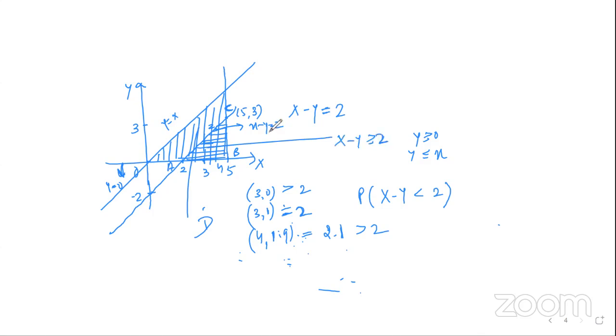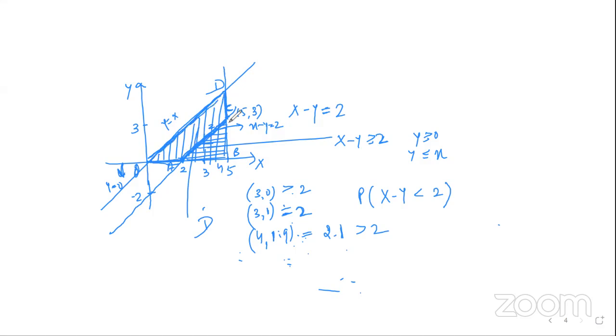So if we have to find x minus y less than 2, it is going to be the above region. So OAC, let's mark it D. This trapezium that you see here, this is what you have to find.